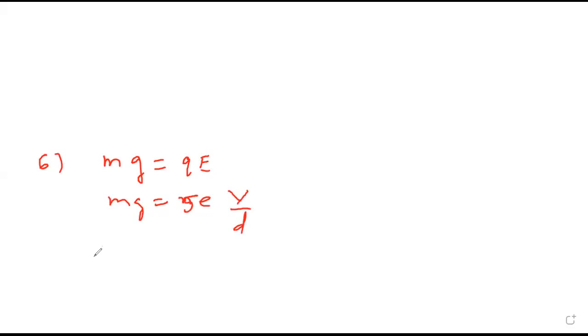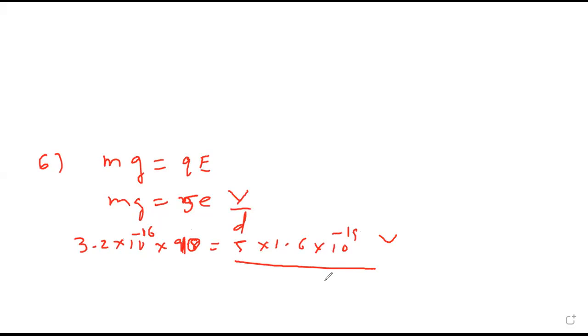Mass is given as 3.2 into 10 raised to minus 16 kg. g is 9.8, you can take roughly 10. Electron charge is 1.6 into 10 raised to minus 19, potential V. Distance between plates is given as 5 millimeter.